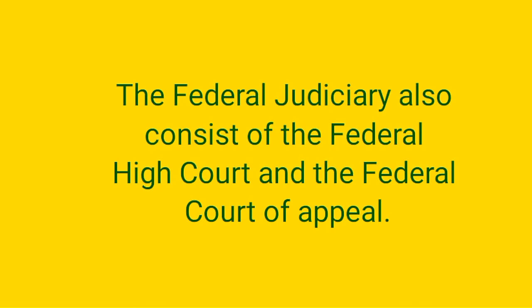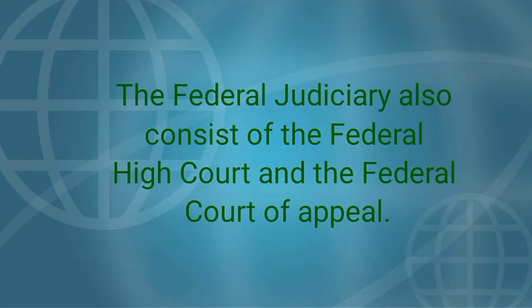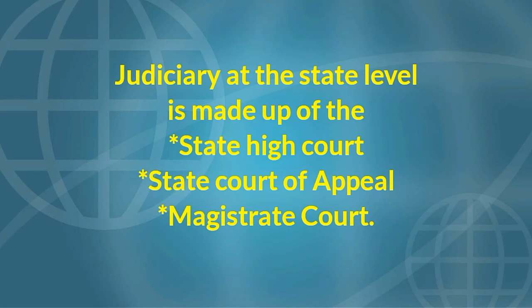Okay, the federal judiciary also consists of the Federal High Court and the Federal Court of Appeal. So the courts at the federal level are the Supreme Court, the High Court, and the Court of Appeal. Now, the judiciary at the state level consists of the State High Court, the State Court of Appeal, and the Magistrate Court.